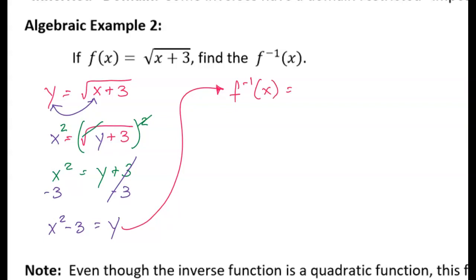F negative 1 of x is equal to x squared minus 3. And this is our inverse. Any questions on this one?